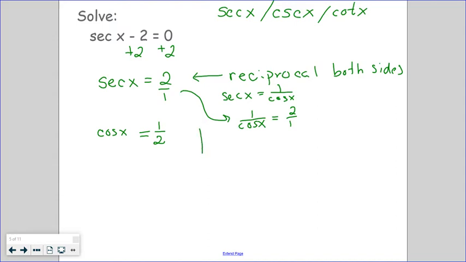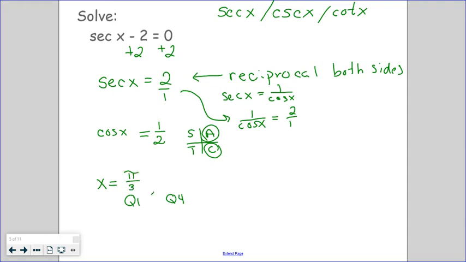So again, now we would think through our All Students Take Calc. Cosine is positive in quadrant 1. Cosine is also positive in quadrant 4. So as we find our angles x, we will find those angles from quadrant 1 and quadrant 4. And the angle that gives us a cosine value of 1/2 would be pi over 3. And pi over 3 in quadrant 1 is pi over 3.